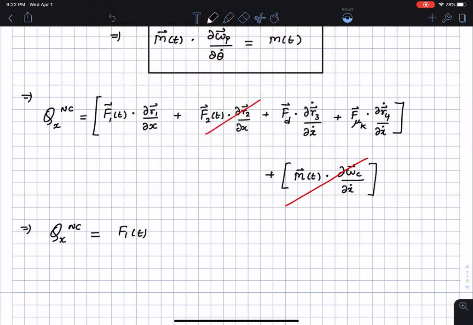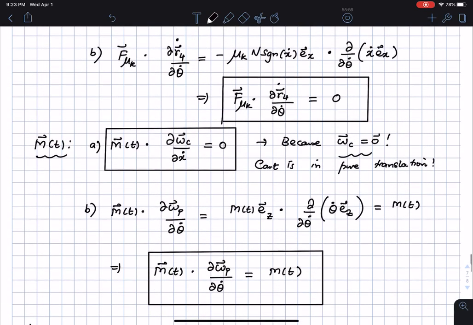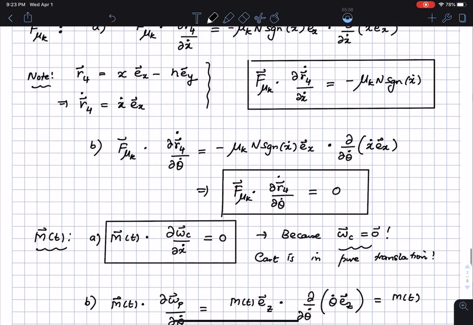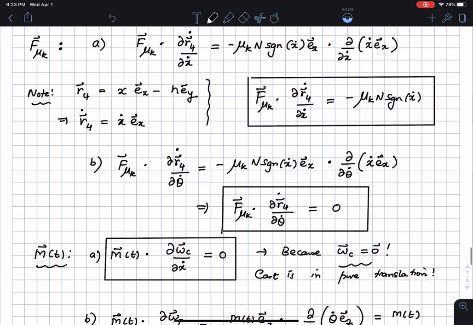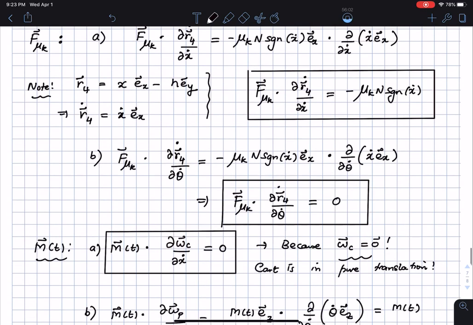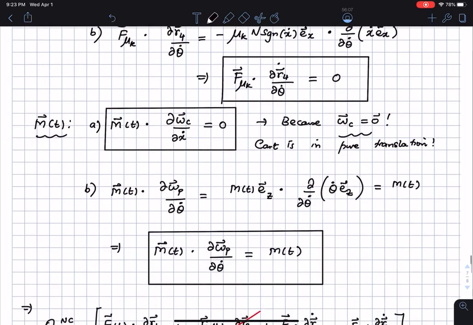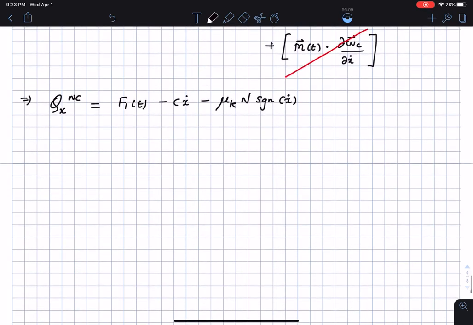Then I had fd and f mu k, so that's going to be minus c x dot, and then minus mu k times n times sign of x dot. Alright, and I just want to make sure that everything is taken care of here in terms of these friction forces and so on. Okay, and the other thing we have to write out is Q theta.